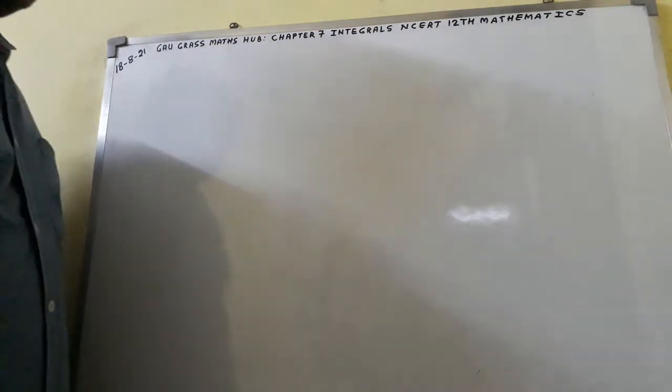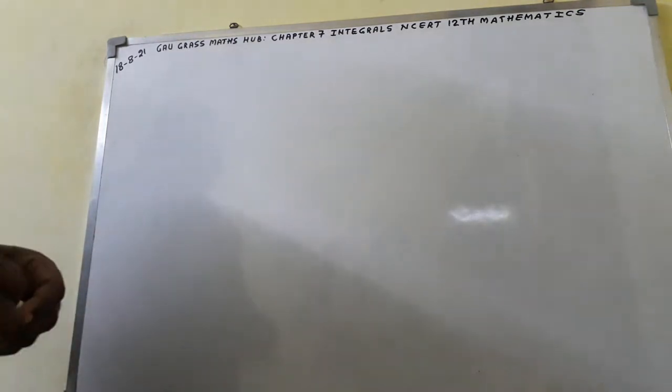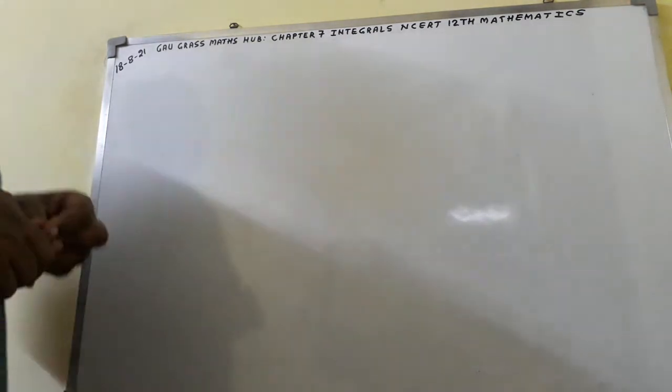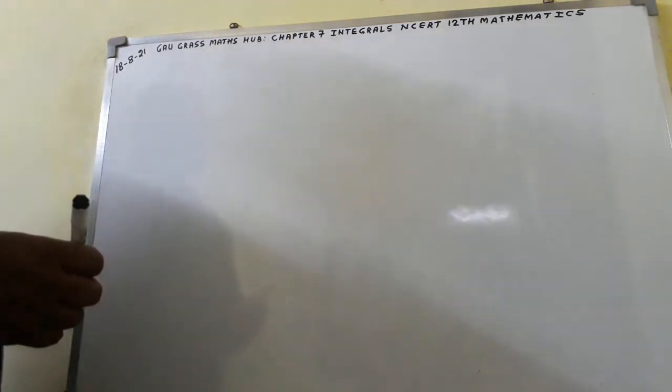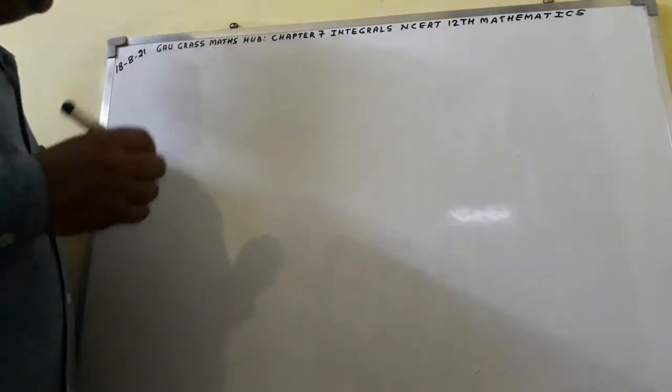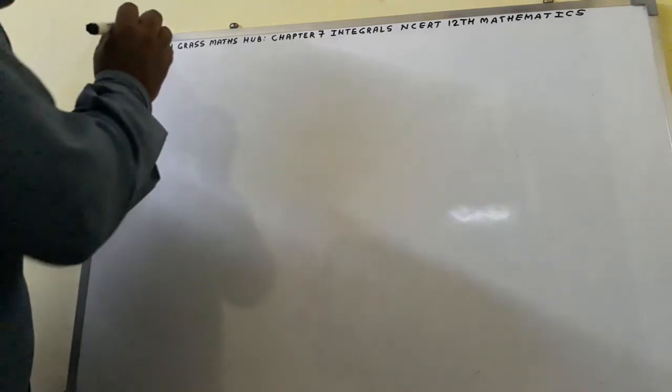I am going to explain some concepts related to chapter 7 Integrals, NCERT Class 12 Mathematics. Now I shall write some formulas, and the proof of those formulas will also be taken here.